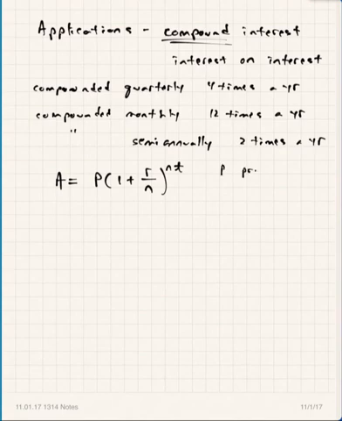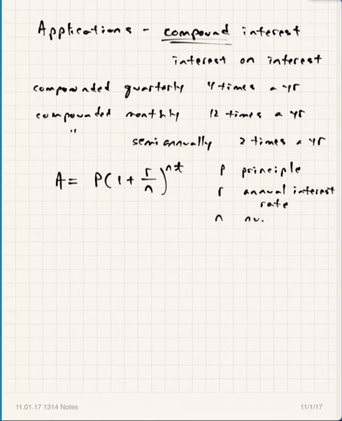That's the amount of money that you have invested. r is the annual interest rate as a decimal. n is the number of compoundings per year. And t is time in years.